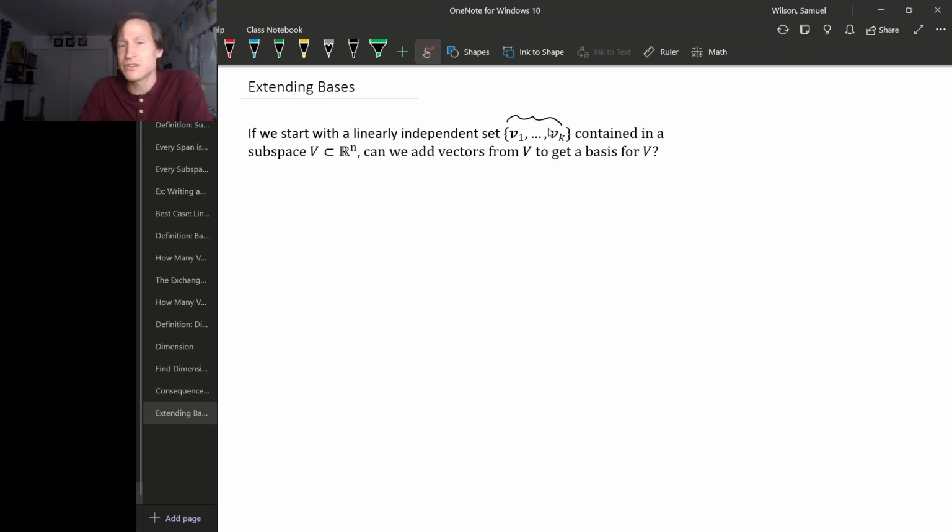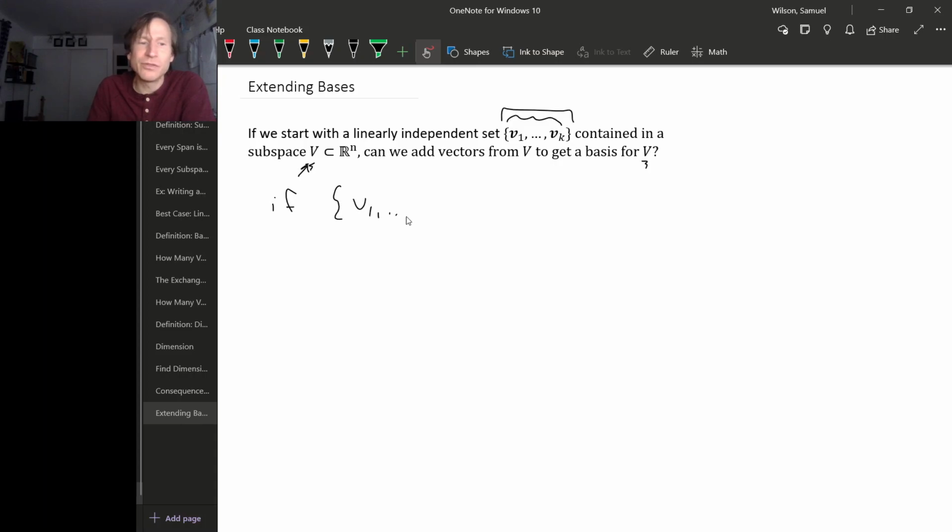So these vectors v1 through vk might not span V, but they're contained in this subspace V. What I want to ask is, is it possible to start with this linearly independent set and add some vectors from V to produce a basis for V? So if you start with a linearly independent set, can you extend it to get a basis for V? Well, let's see what we can do.